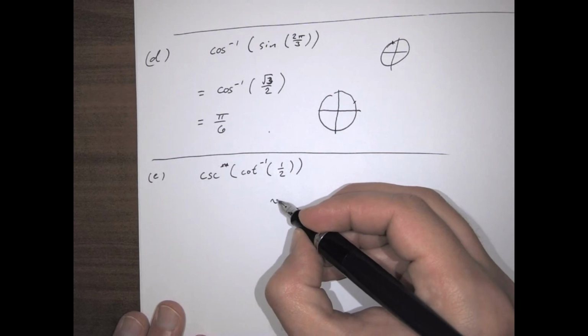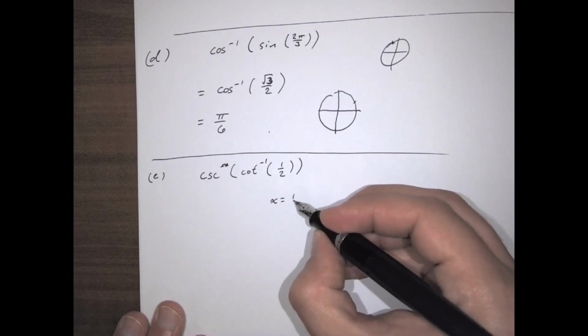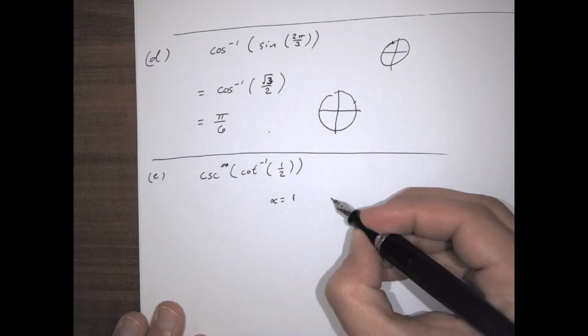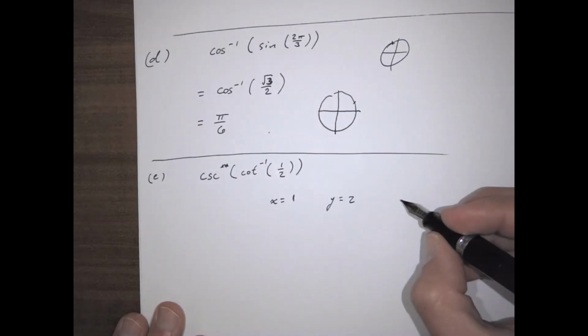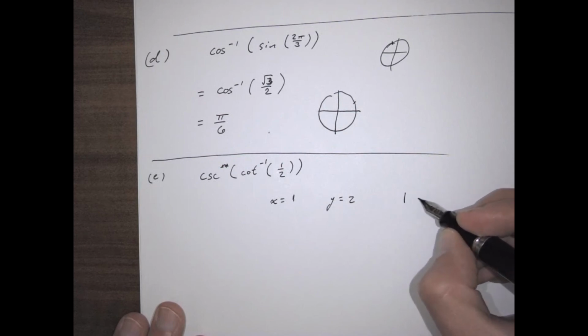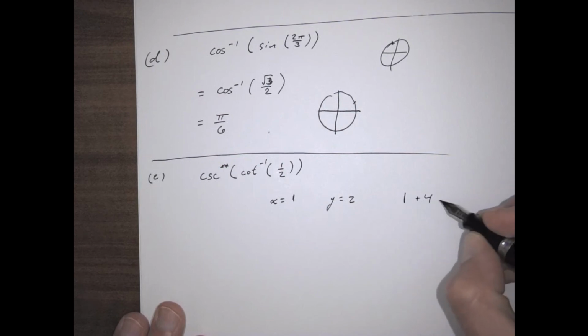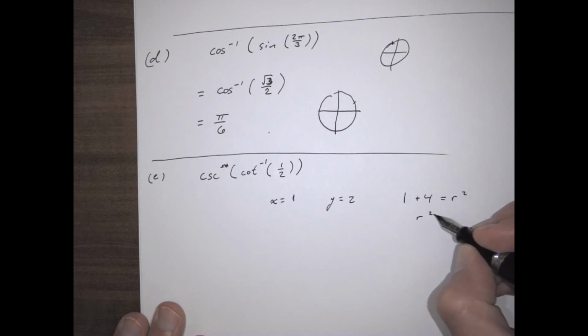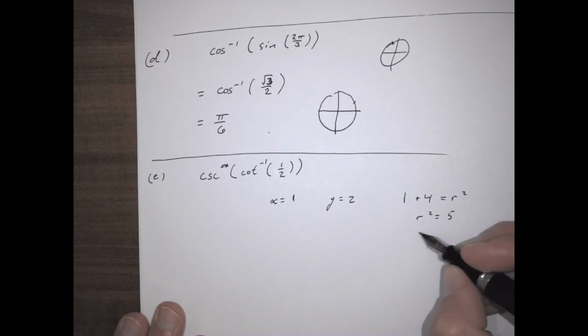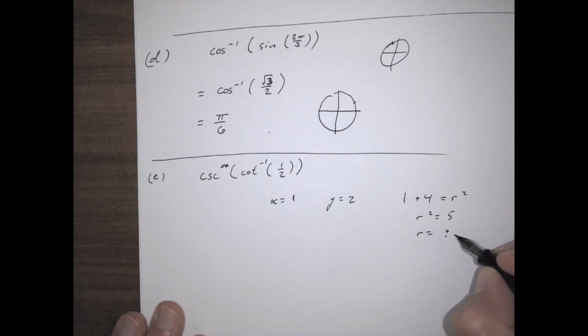Well, if I just make x equals 1, y equals 2, that seems like the easiest thing that I could do. And then we'll just let the chips fall where they may. So x squared means 1, y squared means 4, equals r squared. So that means r squared equals 5, which means that r equals plus or minus root 5, and we'll just choose that one.